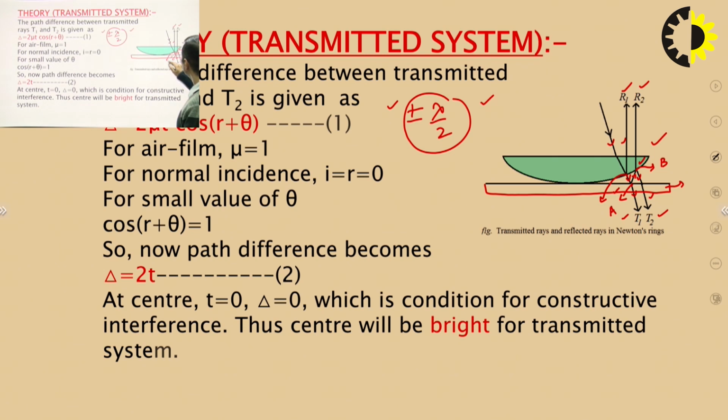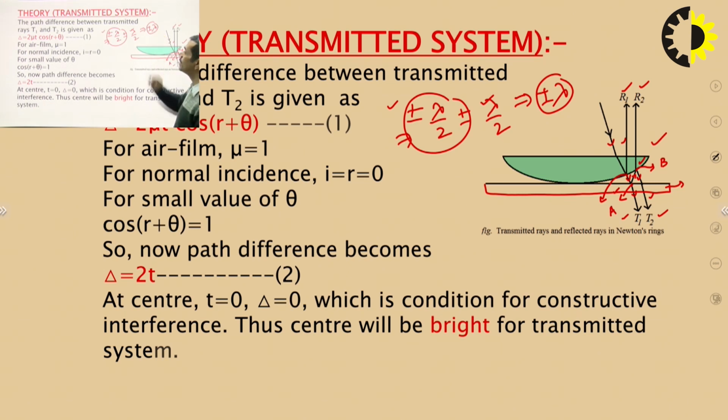So before the T2 ray gets out from the thin film, it reflects two times from the denser medium, at points A and B. According to Stokes law, there will be a phase change of pi, or a corresponding path difference of plus minus lambda by 2, each time. So there will be an extra path difference of plus minus lambda by 2 plus minus lambda by 2, which will be equal to plus minus lambda basically.